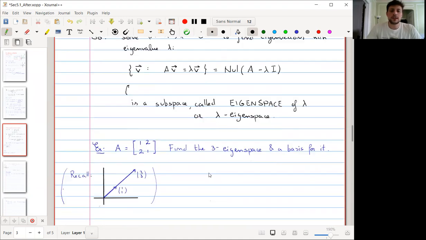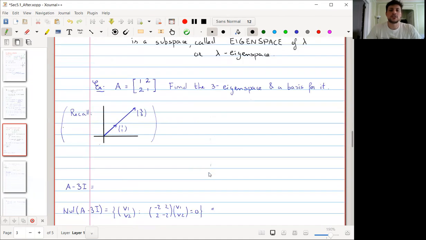Let's revisit the example from the past video in light of what we know now. We knew that the eigenvalues there were 3 and minus 1. So when lambda is equal to 3, I can look at the matrix A minus 3I, which is given by the following. It's negative 2, 2, 2, negative 2.